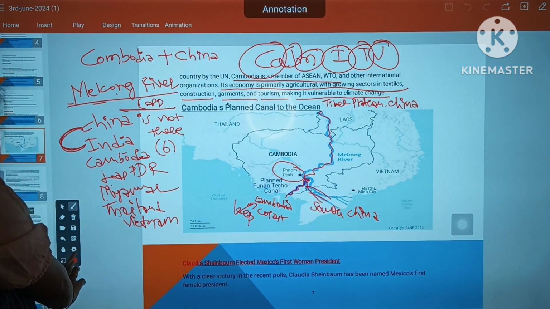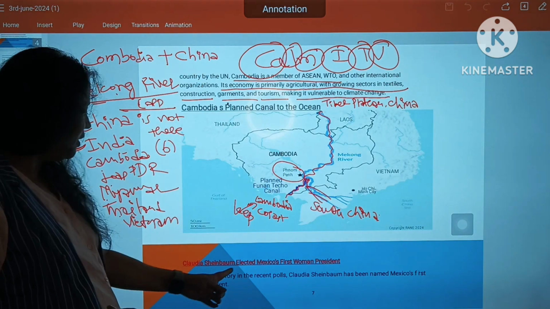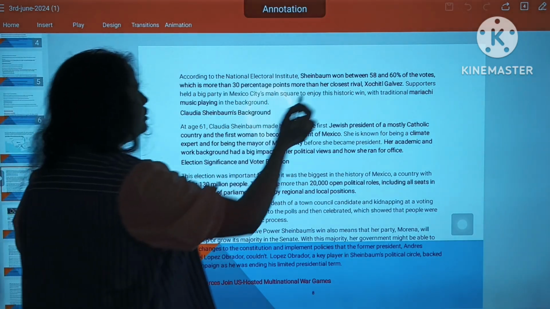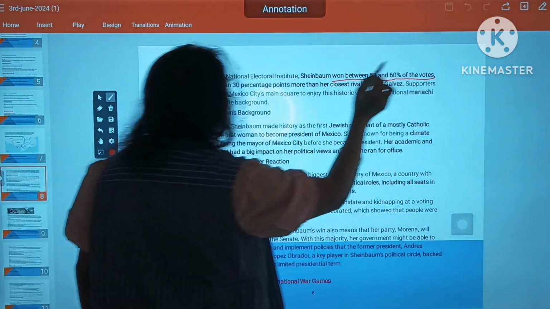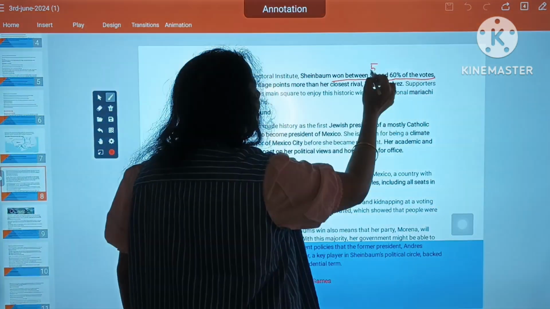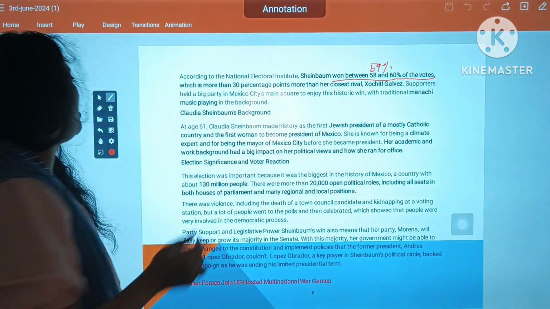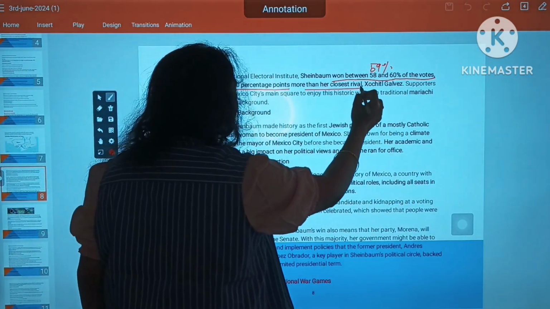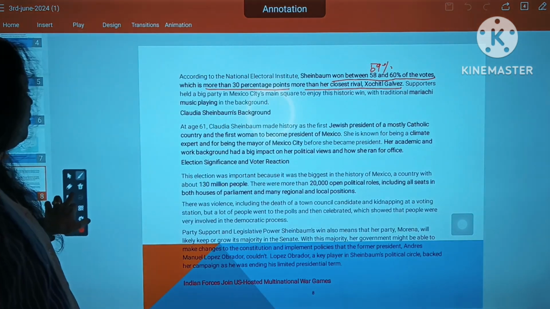Okay. And we will move to the next topic, that is Claudia Sheinbaum elected Mexico's first woman president. She won between 58 and 60% of the votes, so you can think of it as 59% of votes, which is more than 30 percentage points ahead of her closest rival, Xóchitl Gálvez.